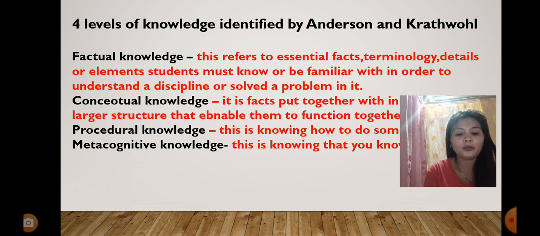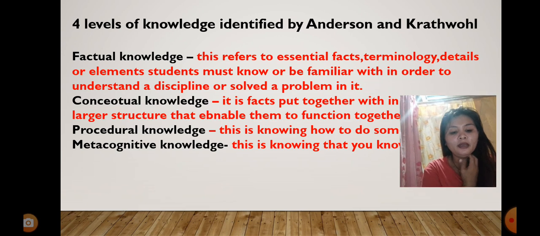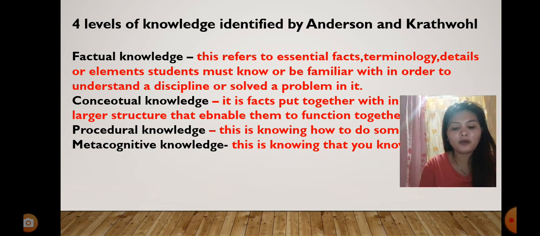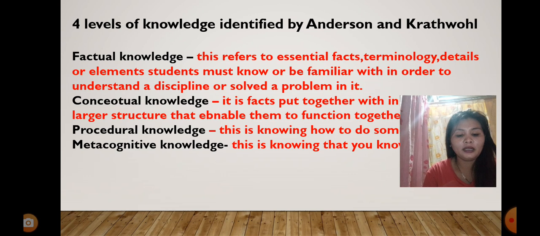This is knowing that you know. This is thinking about your own thinking in a purposeful way. It is awareness and knowledge of one's own cognition. It is reflective knowledge about how to go about solving problems and cognitive tasks. It includes contextual and conditional knowledge and knowledge of self.